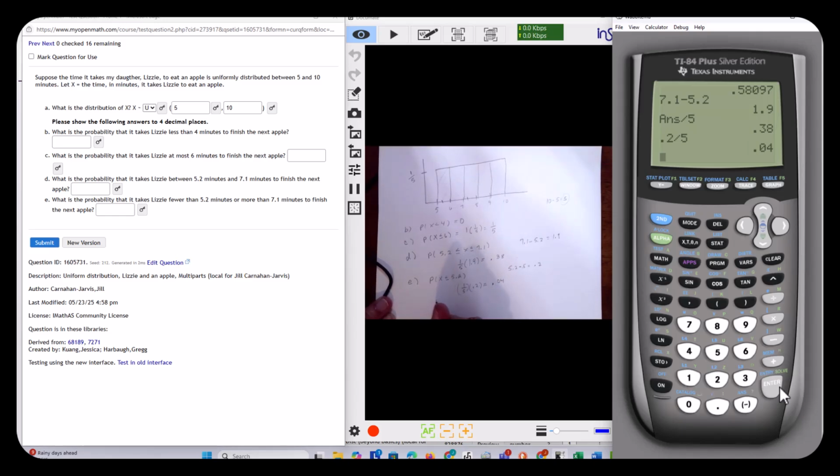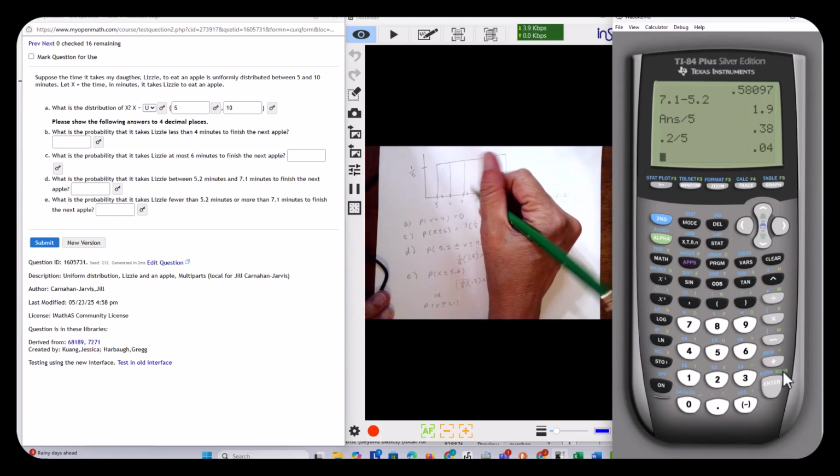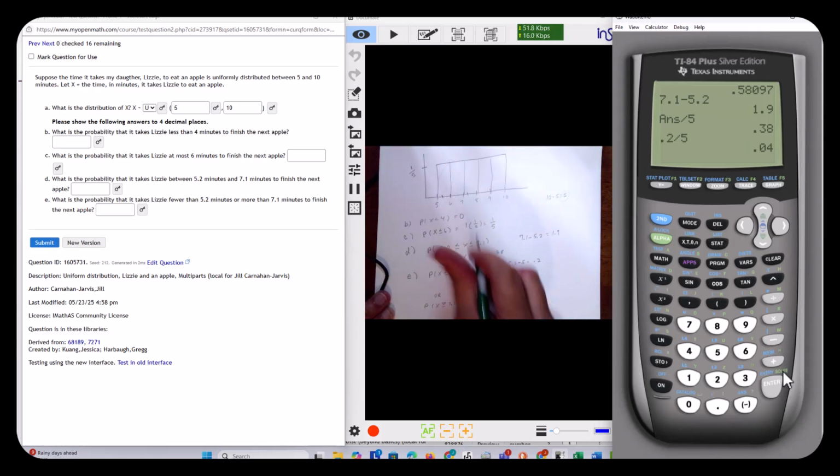We've got an OR in here. Probability more than 7.1: X is greater than or equal to 7.1. So again, 7.1, and you would shade it to the right. To get this area here, you would take the 10, subtract off the 7.1, and that's 2.9.